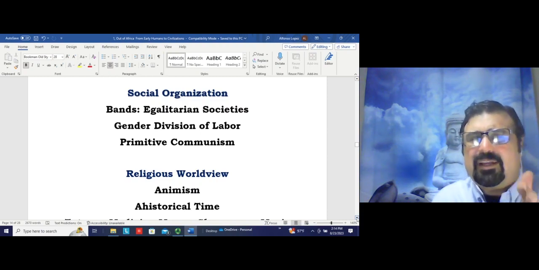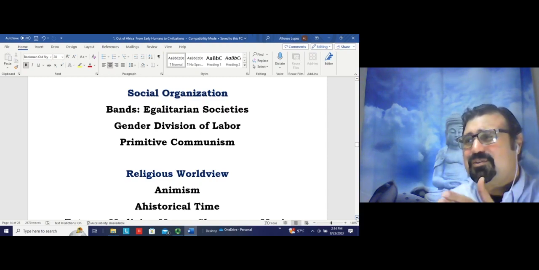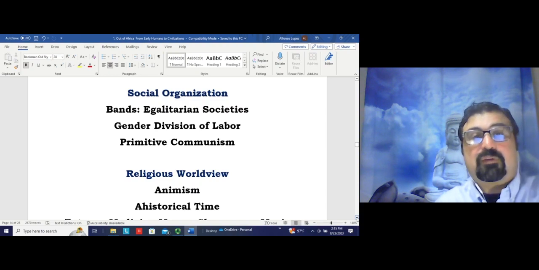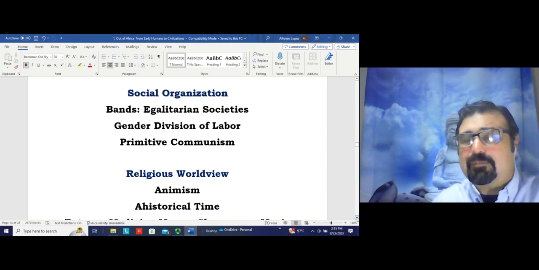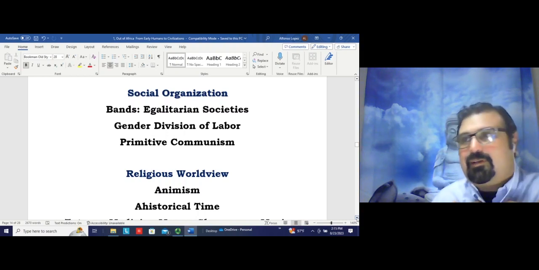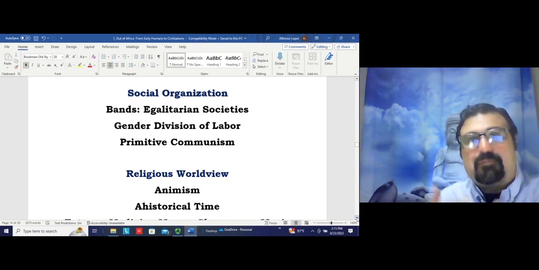And it's kind of understandable because, again, there's nothing that people can actually accumulate and store. I mean, if bands are moving from place to place, how much can you actually carry with you? There's really not a whole lot that people are carrying with them, like private possessions, for example. Okay? So you have to be very mobile.